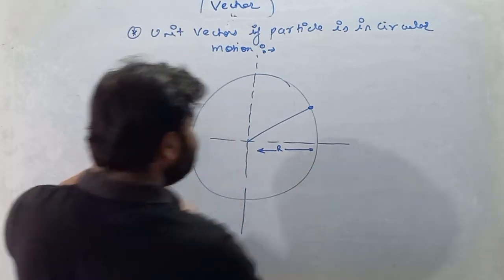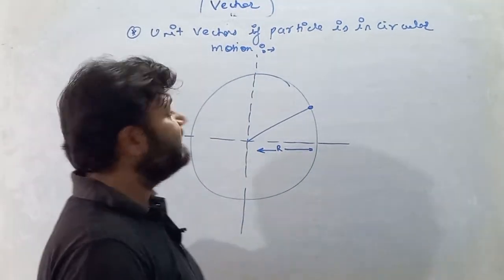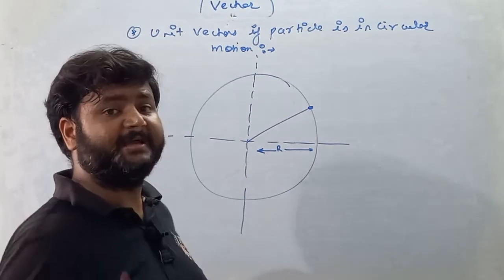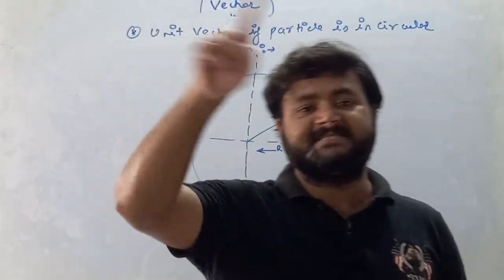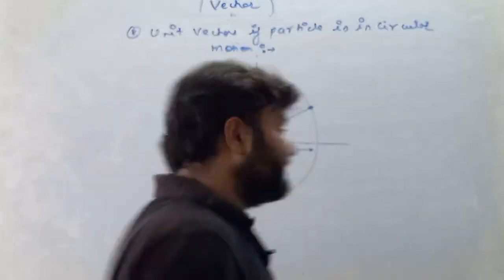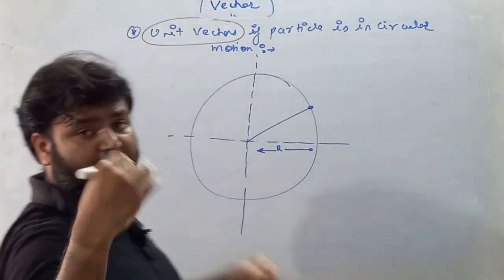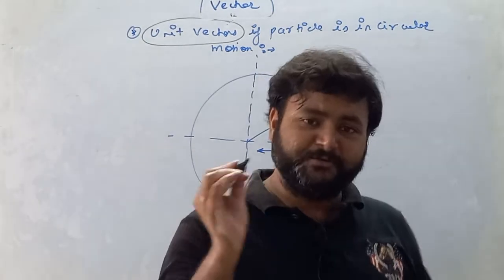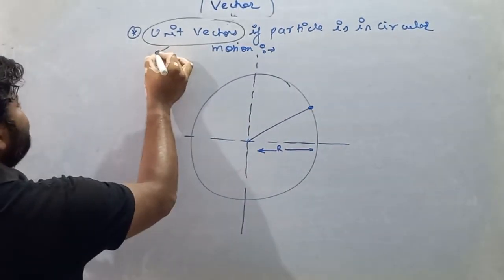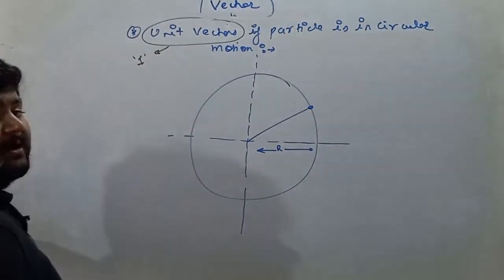Let the radius of this circular track be r. We are talking about unit vectors in circular motion. A unit vector, whether in circular or linear motion or anywhere, means a vector whose magnitude is 1.